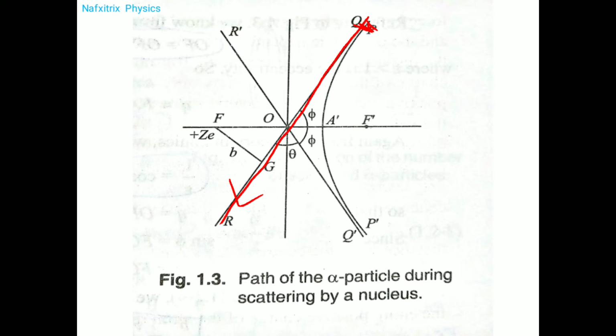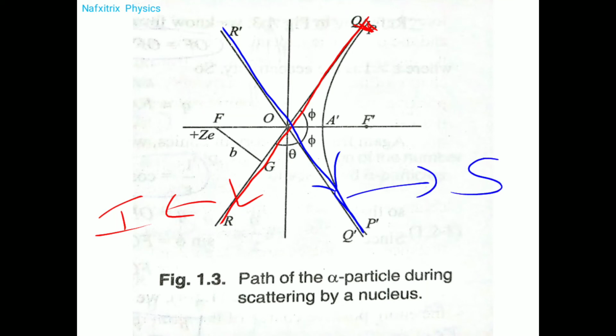So this is the incident direction, and finally it is going in this direction. So this is the scattered direction.